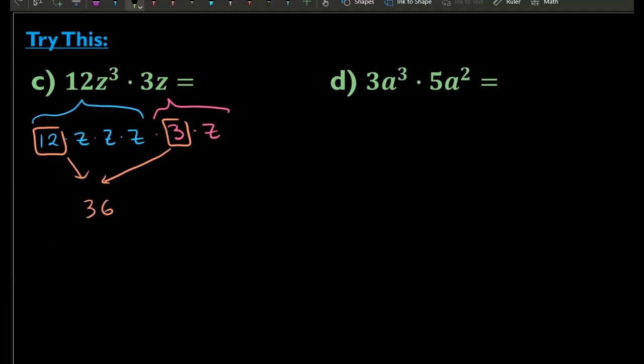And z raised to 1, 2, 3, 4, z to the 4th power. If we go the short way, that would be 12 times 3, which gives me 36, z to the 3rd power plus, don't forget, if you don't see the power, you put 1. So plus 1. That will give you the answer of 36z to the 4th power.